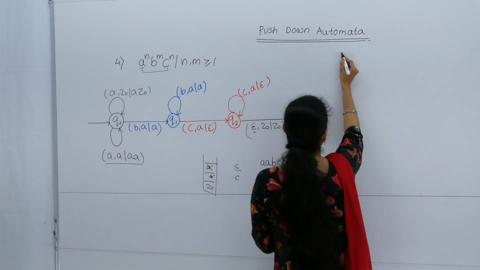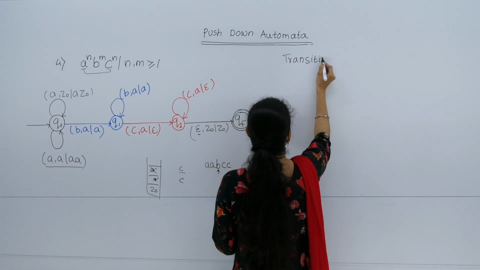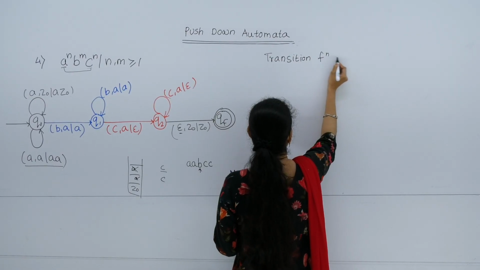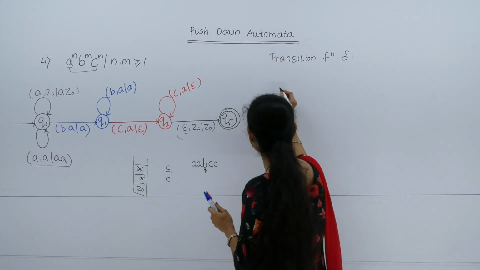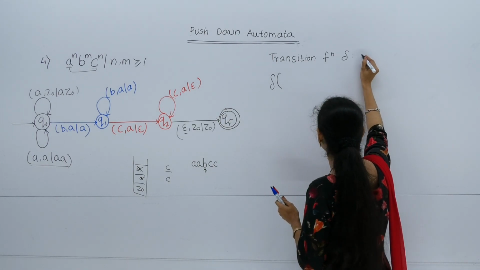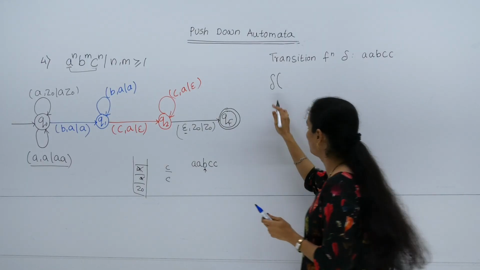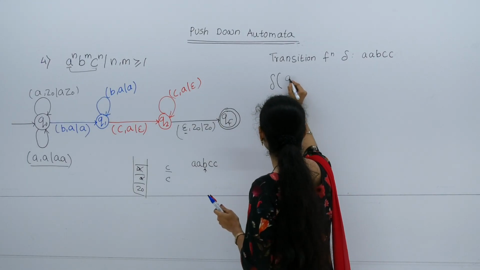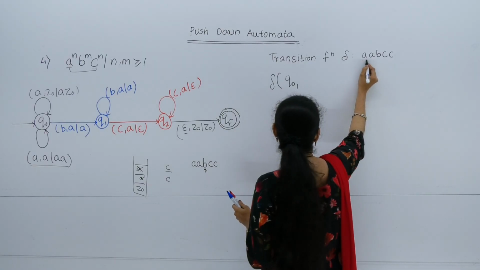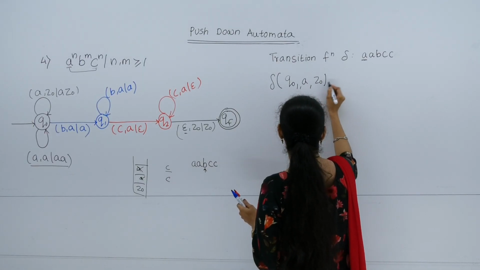Here we will see the transition function for the same example, A, B, C, C. Transition function delta: the first state is Q0, my input is A and the top of the stack is Z0.